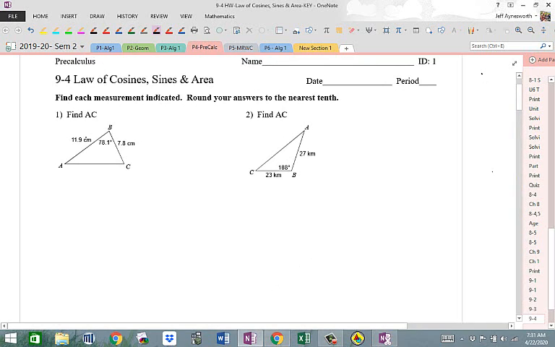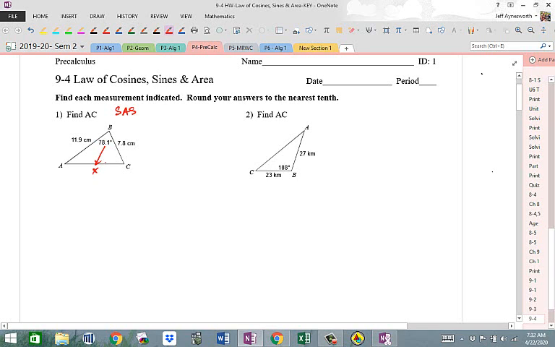Now we have a side-angle-side case. This is a classic case of when you use the law of cosines. You have two adjacent sides and an included angle between these two adjacent sides. Here we want to find this side AC, which is opposite of this angle.